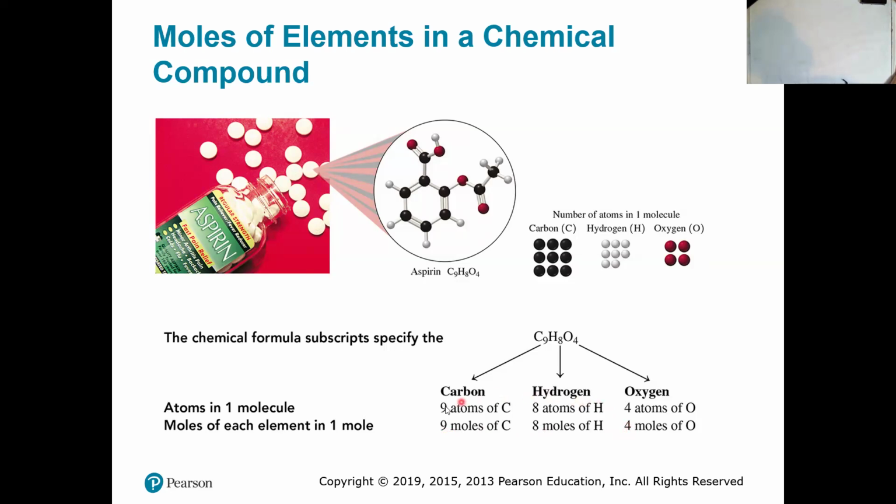Meaning that if I have 1 mole of aspirin, within that 1 mole of aspirin, there's going to be 9 moles of carbon, because for every 1 molecule of aspirin, there's 9 atoms of carbon. For every 1 mole of aspirin, there's going to be 8 moles of hydrogen and 4 moles of oxygen, because for every 1 molecule of aspirin, there's 8 hydrogen atoms and 4 oxygen atoms.